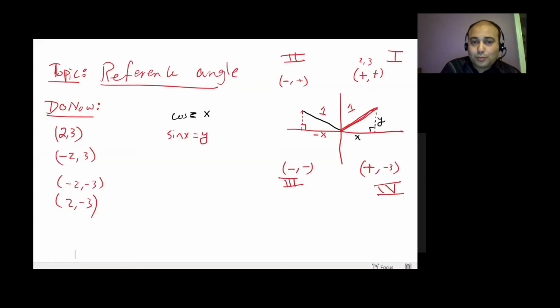Now, from what I gathered from all of this, if I want to find the y value right here, it is going to be positive. How about the y value here? The y value is this dot, this value right here, which is going to be negative. The y value here is going to be negative, and the y value here will be positive.